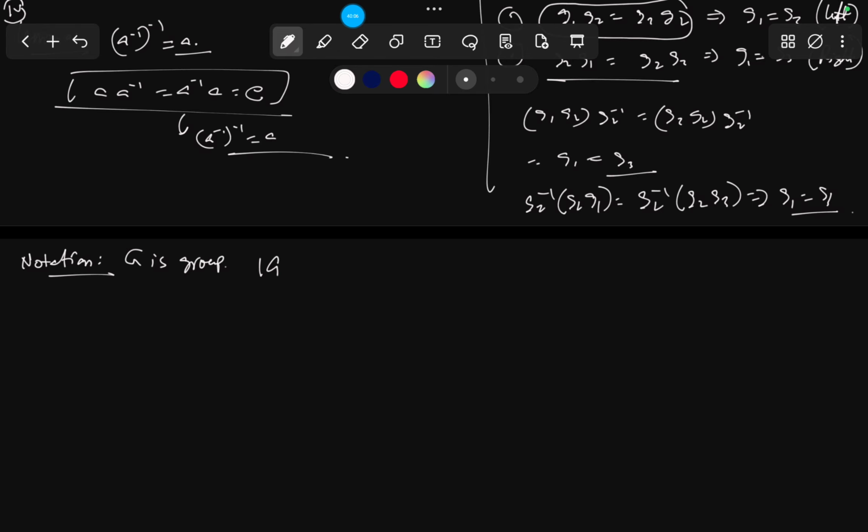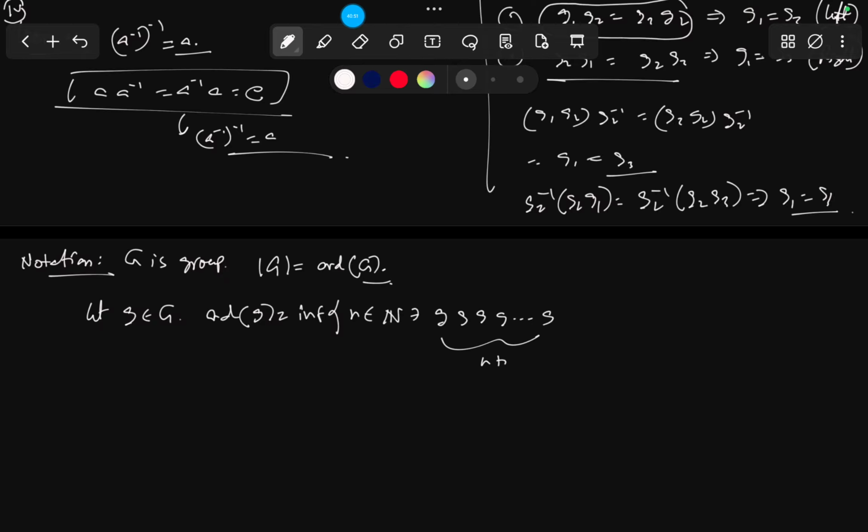Then the cardinality of G is considered to be the order of G. And let small g belong to capital G. Then the order of small g is the infimum of small n belonging to the natural numbers such that g times g times g, and so on up to g, n times, is the identity.